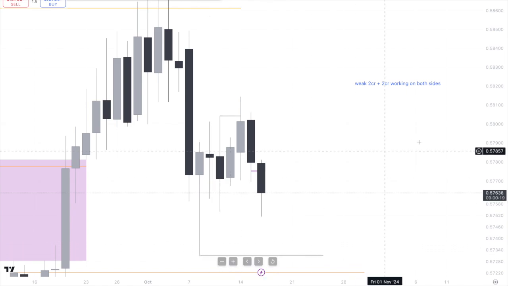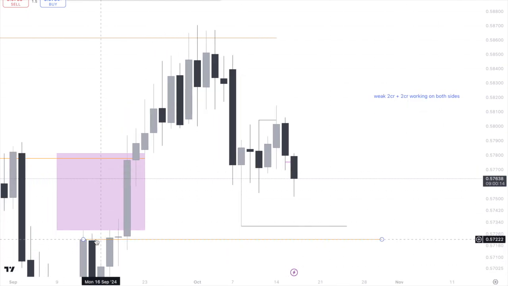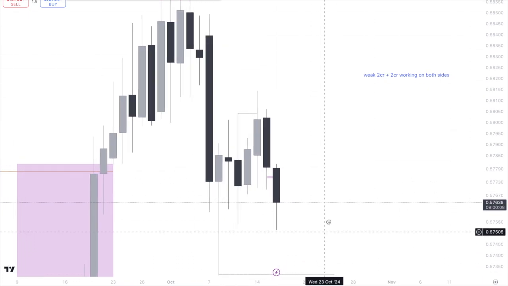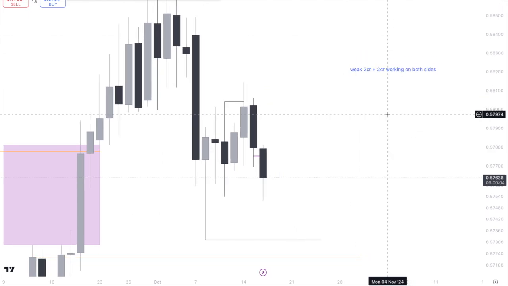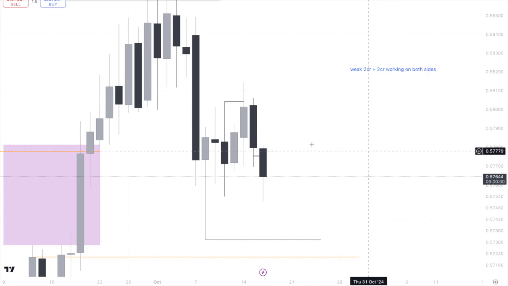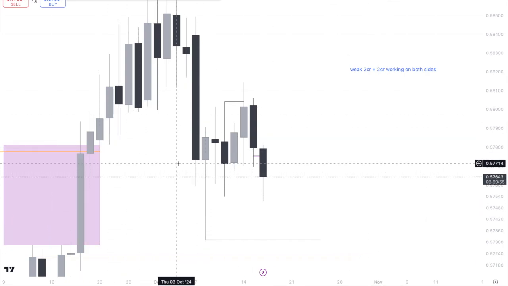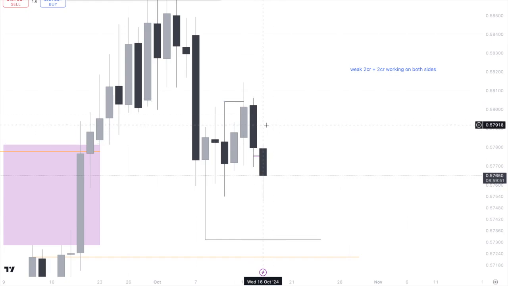The next target would just be this resistance mitigation block further down, but ultimately we're heading to there. So with that being said, I'd say we're still a bit more bearish, because of the higher time frame, the monthly versus the weekly bullish arguments. Here we're still bearish, but it could have been a bit better.